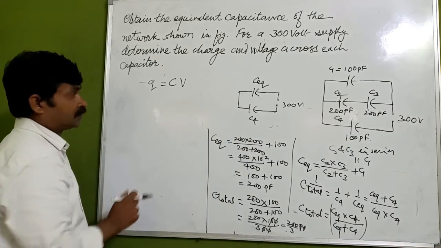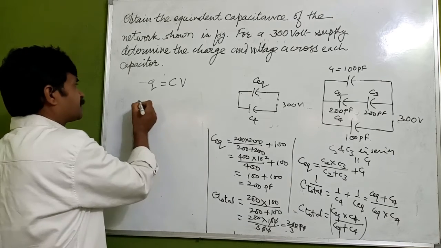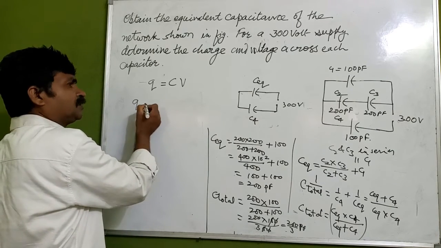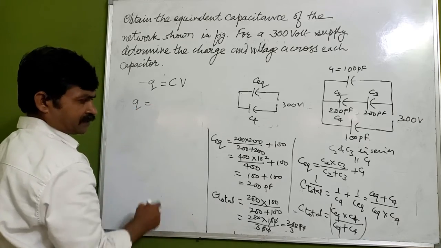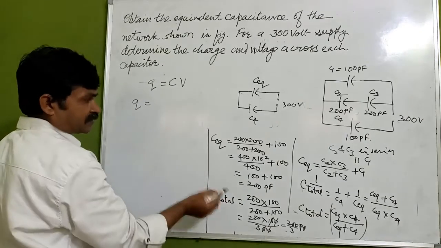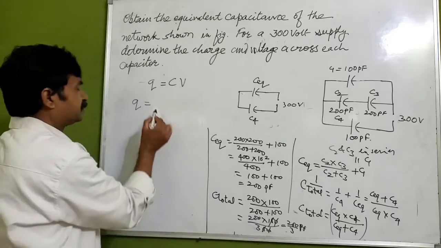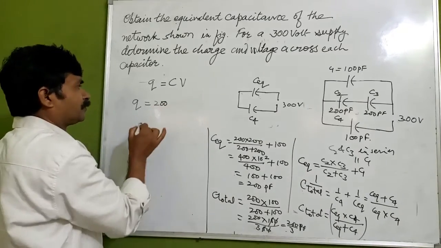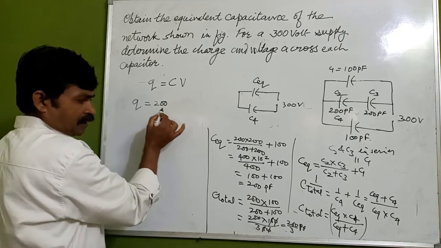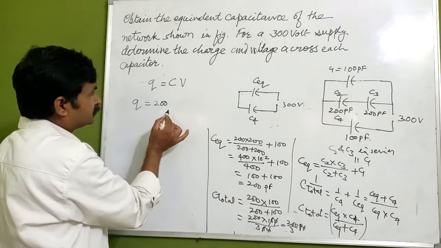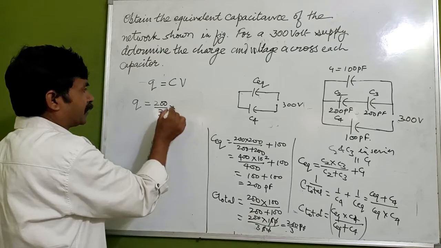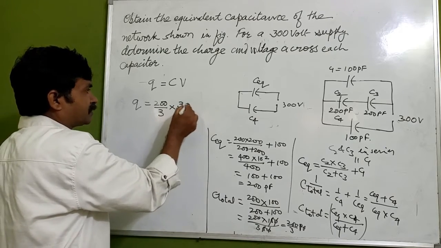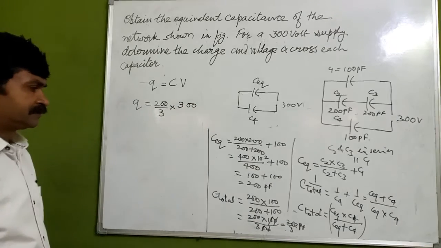So the charge on these two will be given by this relation, with C total 200 upon 3 picofarad and the electric potential 300.